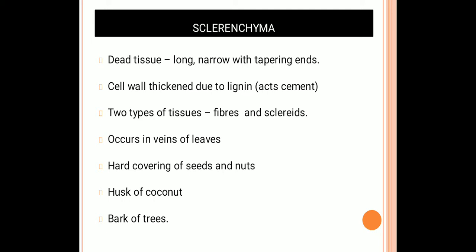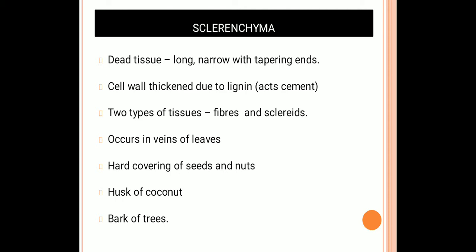Normally we see that stems are very hard in nature because of that lignin. The central cavity of the cells is greatly reduced due to the thickening.